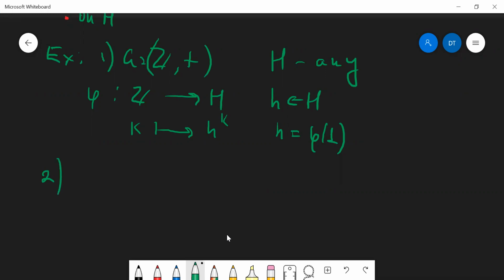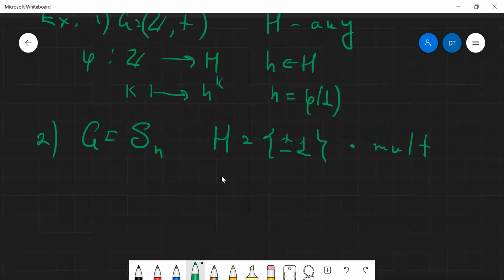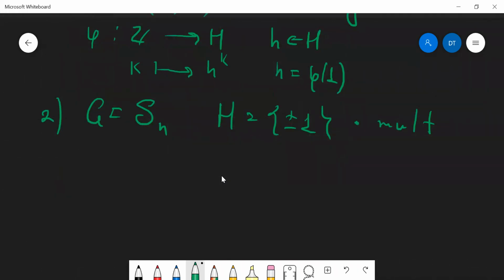Example number 2: if we take the group of permutations S_n, and H is the set of plus minus 1 with multiplication as the operation, then we have a natural map, the sign, from G to H, which takes any permutation to its sign.